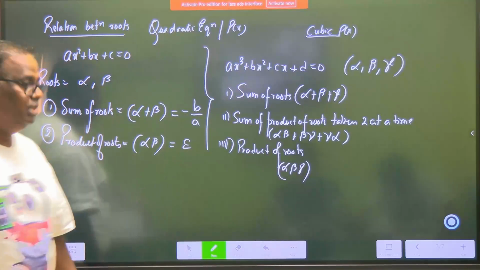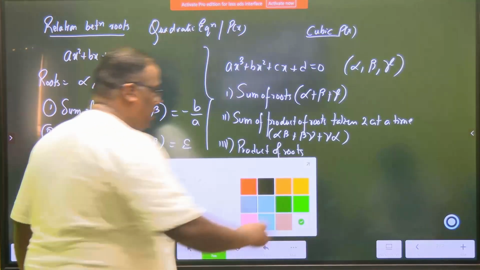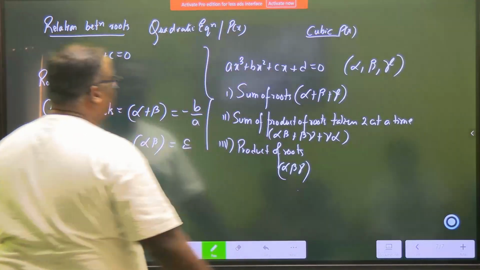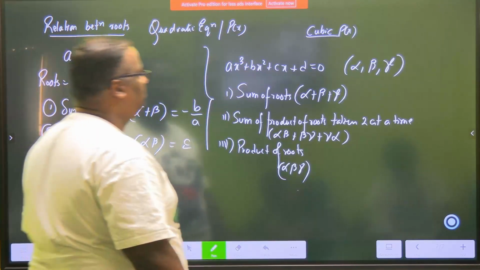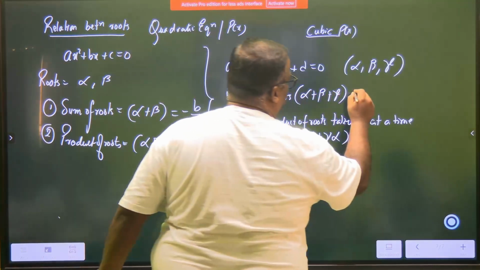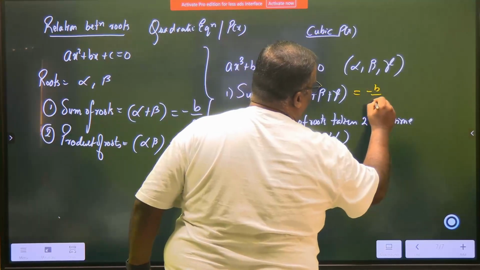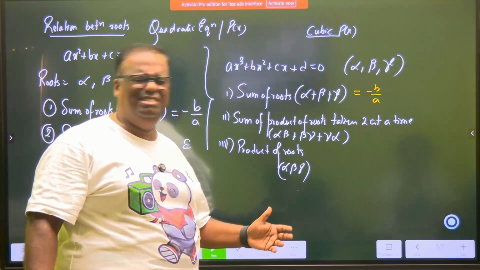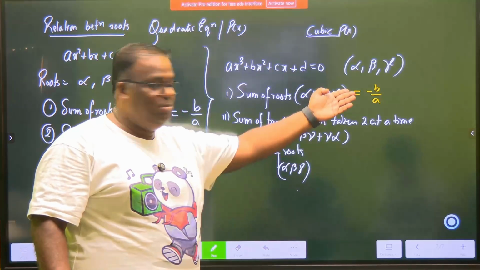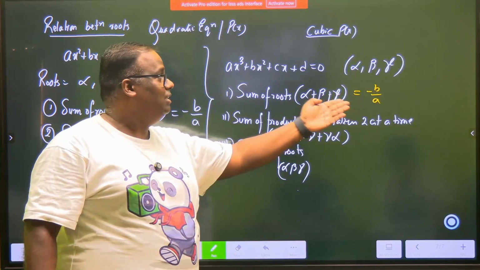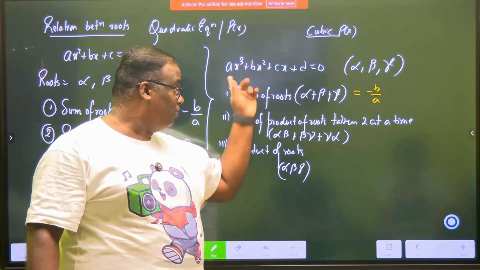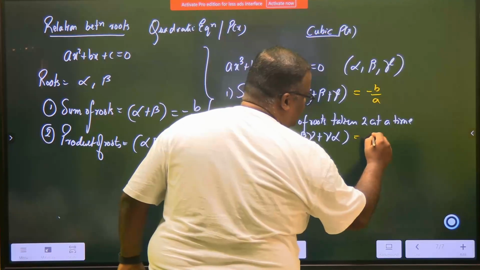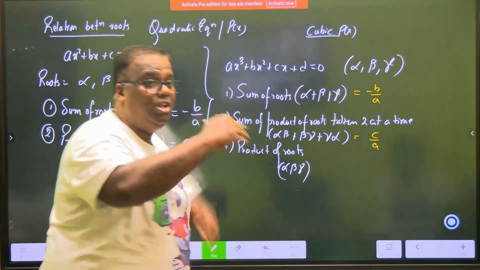Okay? Now how to remember them? There is always a technique. Let's see the technique. Children, this remains the same, minus b by a. Look into the board here. Minus b by a. The next, after b, what do you get? After b, c. So this one is c by a, and the minus will alternate.